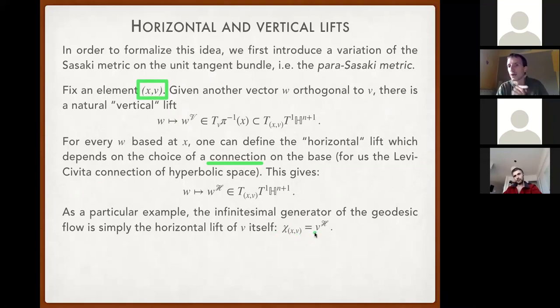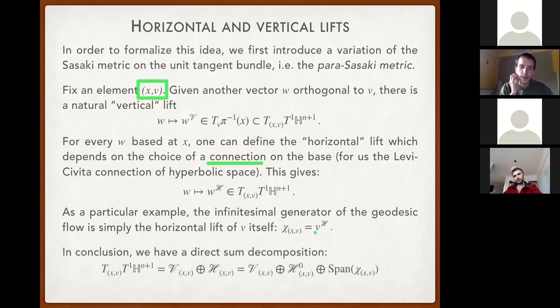This is basically because the tangent vector to a geodesic is parallel along the geodesic. So the conclusion of all this story is that, once the Levi-Civita connection is chosen, we have a natural decomposition of the tangent space to the total space into horizontal and vertical subspaces.